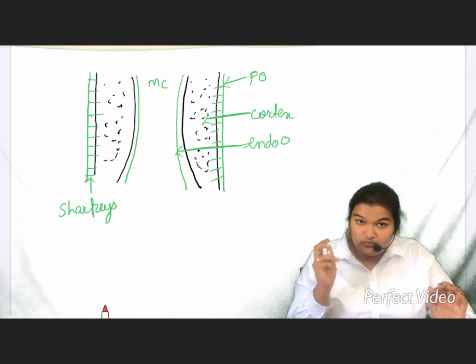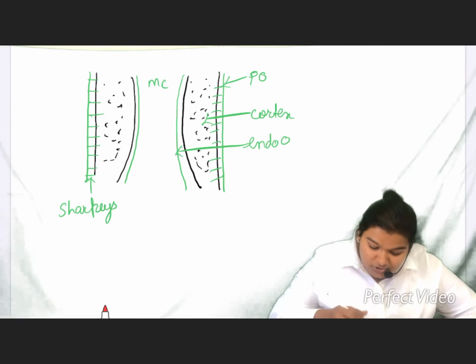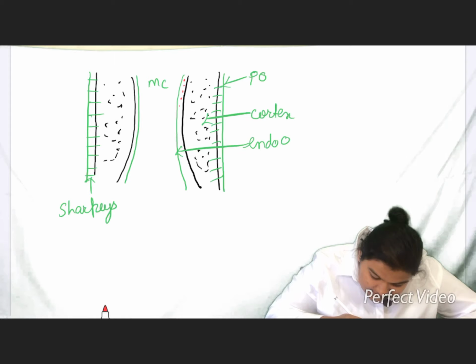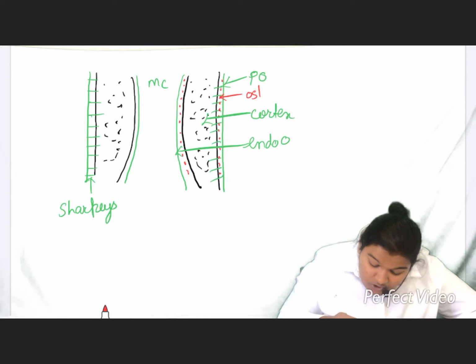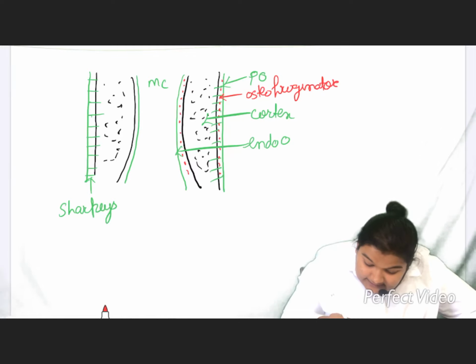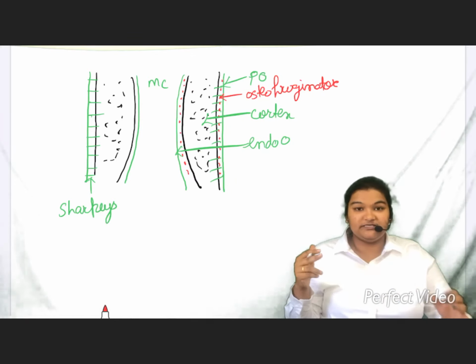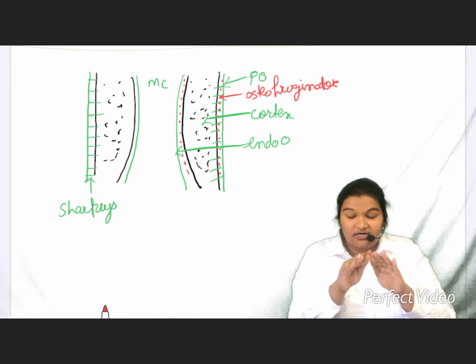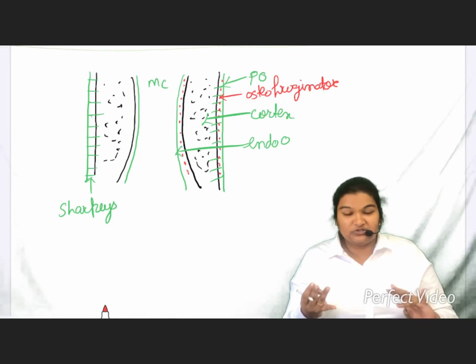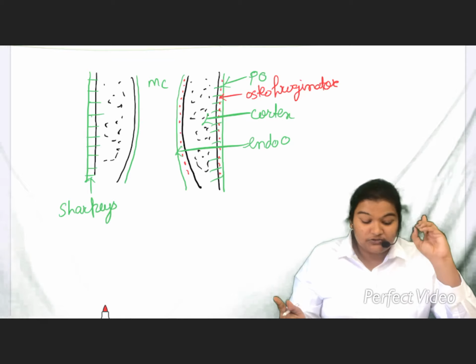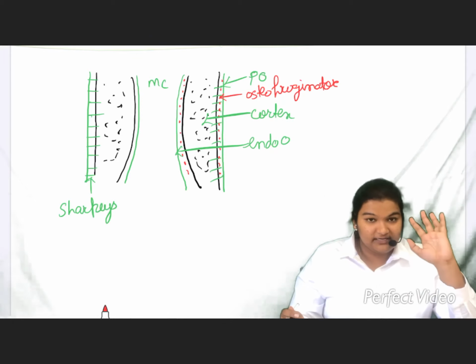We will take osteoprogenitor cells in red color and draw them. Beneath the endoosteum and periosteum, we have small cells present, and those are the osteoprogenitor cells. These osteoprogenitors differentiate to form osteoblasts, osteocytes and osteoclasts. Okay, so this is the anatomy of bone and its magnification.